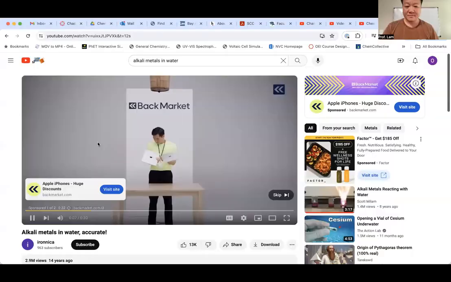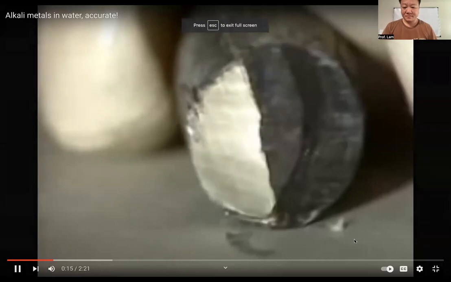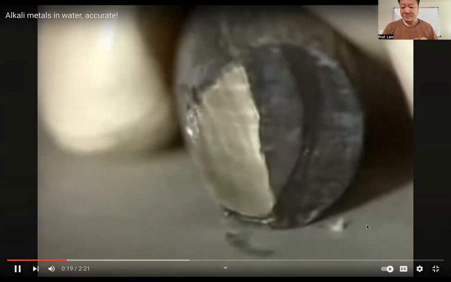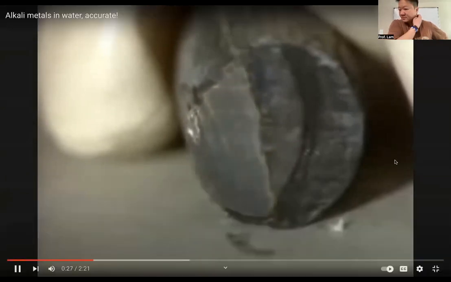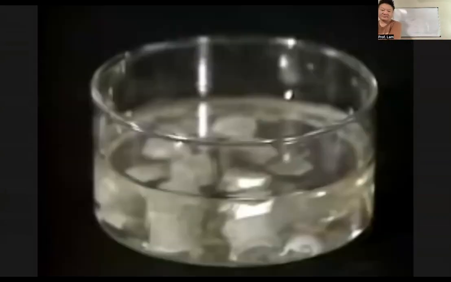hey. Yeah. In air, the elements quickly become coated with compounds that form on the metal surface. Here, for example, is lithium. When we splice it, you can see the metallic luster, but the black coating quickly reappears. Sodium is kept under oil to prevent reaction with air.